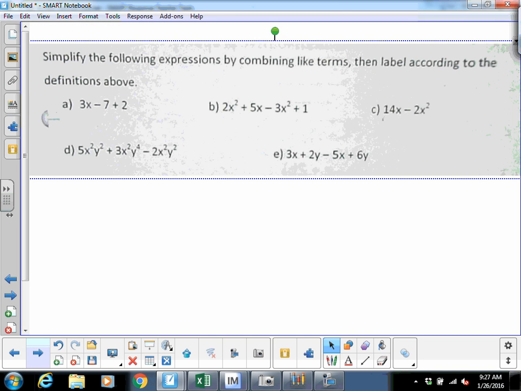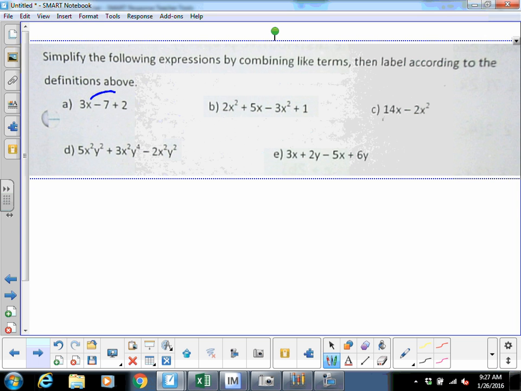All right, so here we go. Simplify the following expressions by combining like terms. Then we're going to label according to the definitions. You can only combine like terms if they have the same letter and the same exponent. I'm a color person, so use association. For instance, what are my two things that are alike in letter A? -7 and +2.